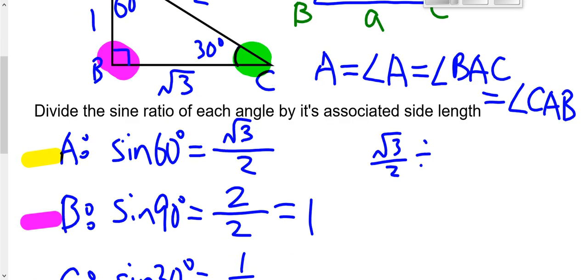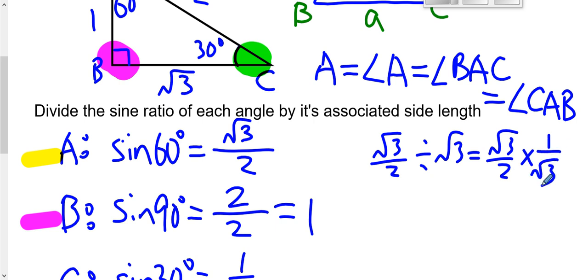So divided by root 3 gives you root 3 over 2 times 1 over root 3. To convert divide into times, you flip the second term upside down. Root 3 on top, root 3 on the bottom, so that gives you 1 over 2 for this one.